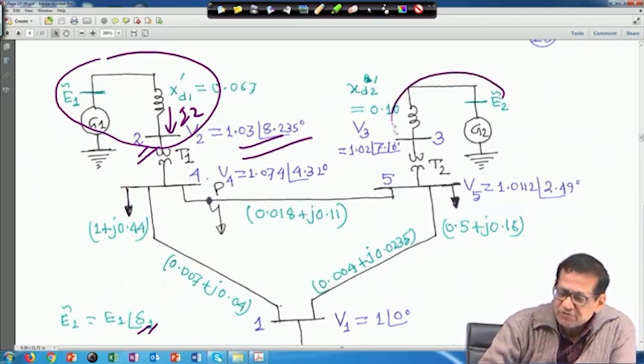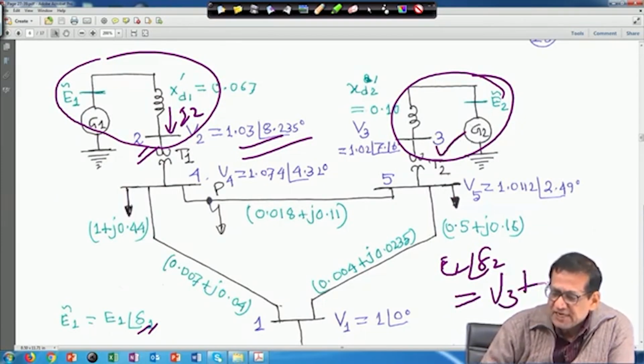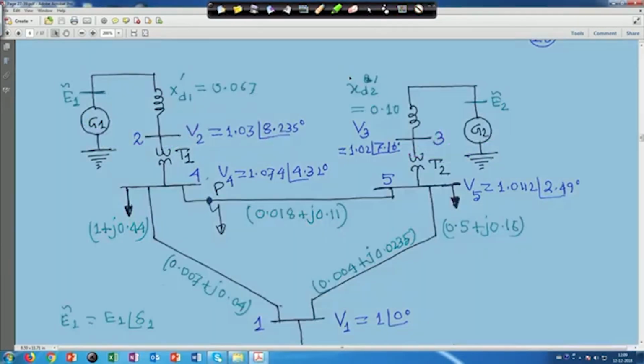Similarly, here also E2 angle delta 2 is equal to the voltage V3 plus the current injection I3 into xd2', because this is bus 3. The same philosophy is applied here for computing that.